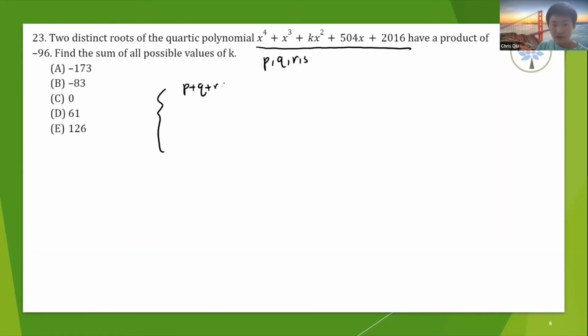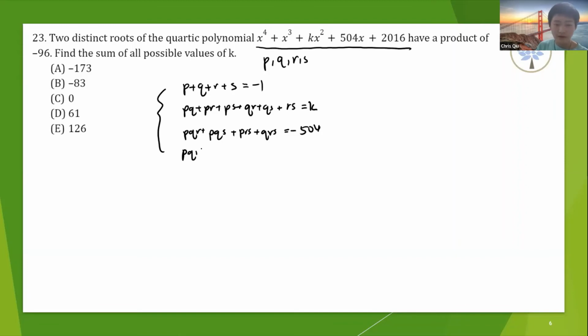Vieta's theorems give us p + q + r + s = -1, and pq + pr + ps + qr + qs + rs = k. And pqr + pqs + prs + qrs = -504, and pqrs = 2016.